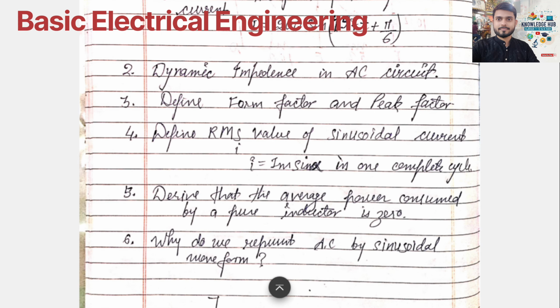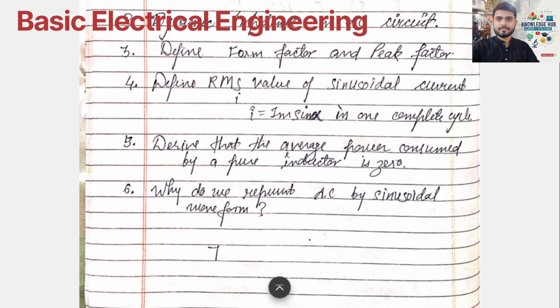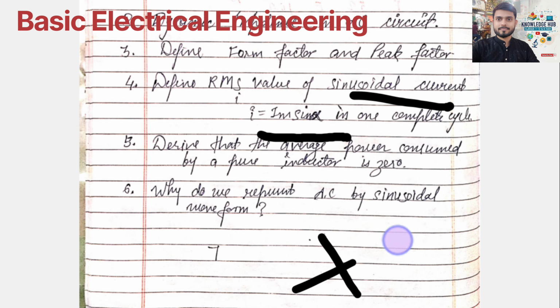The second question is: dynamic impedance in an AC circuit. Now third is: define the form factor and peak factor. Define the RMS value of sinusoidal current i = Im sin α over the complete cycle.